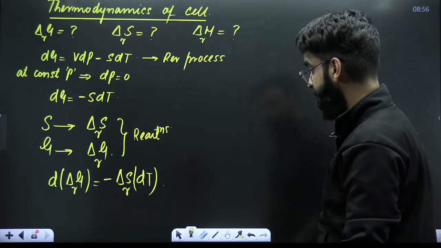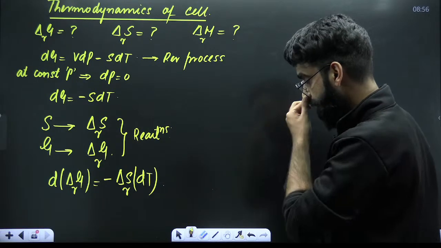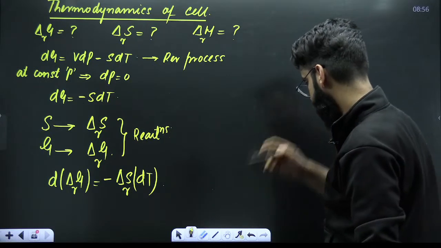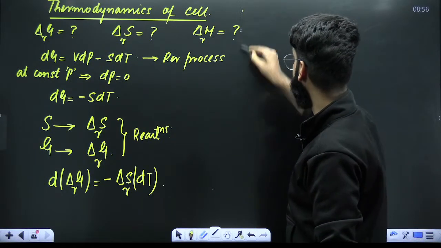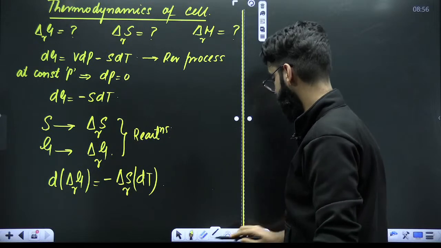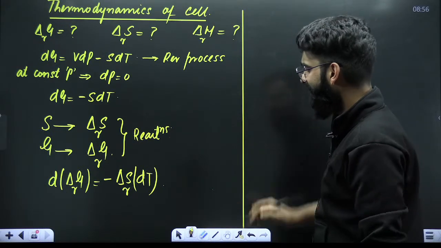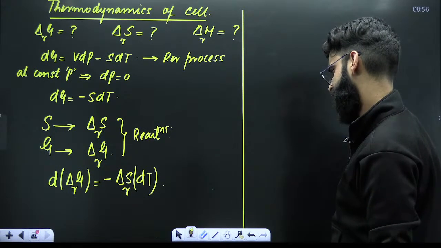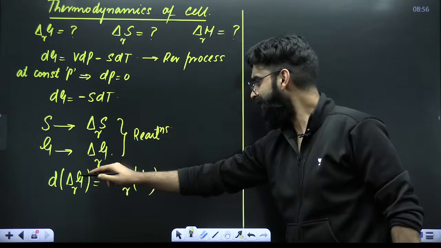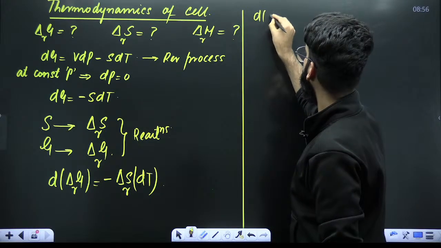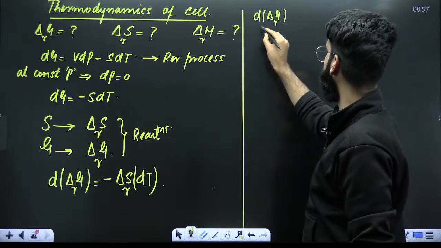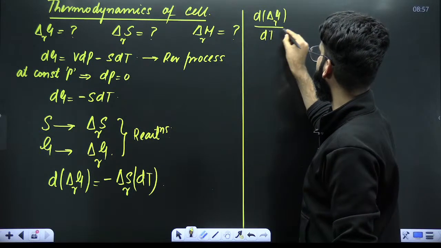See, guys, try to understand what exactly we'll get here. Can I write d of delta G for the reaction divided by dT?